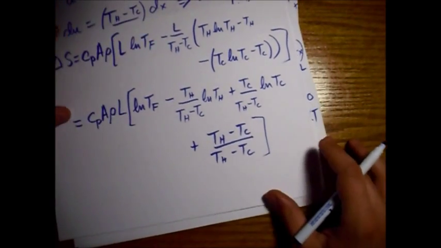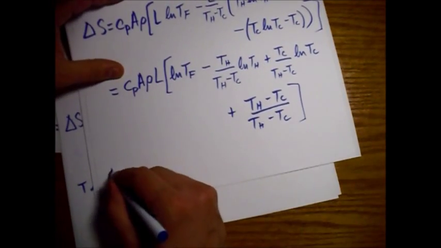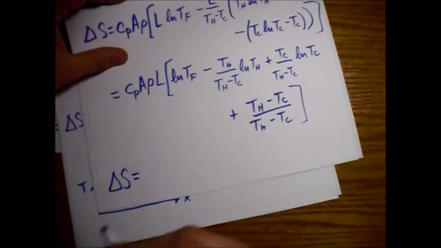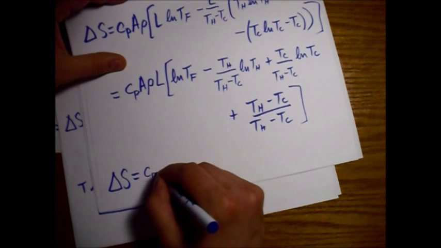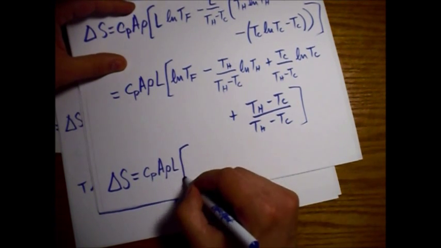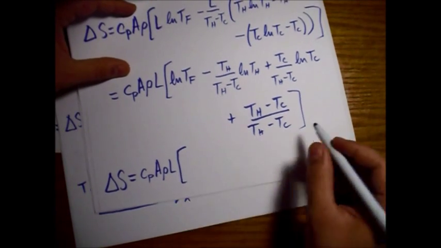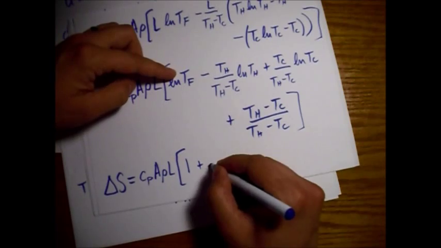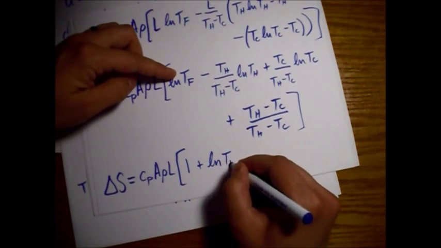Alright, so here is our final answer. The change in entropy for this metal bar is this 1 plus natural log of Tf.